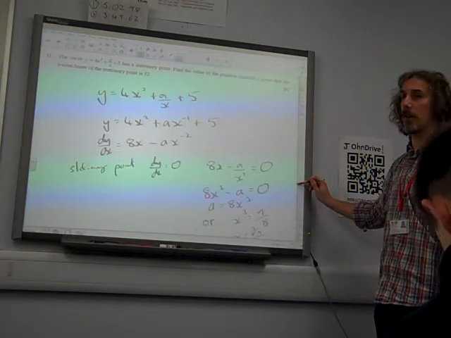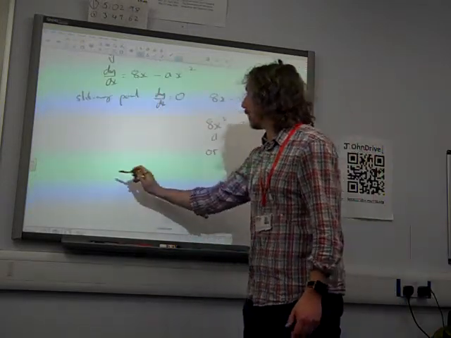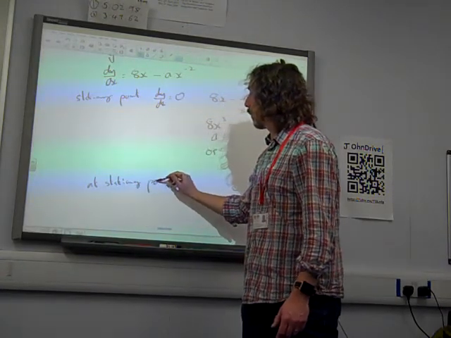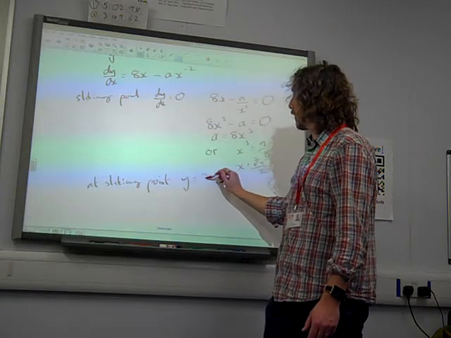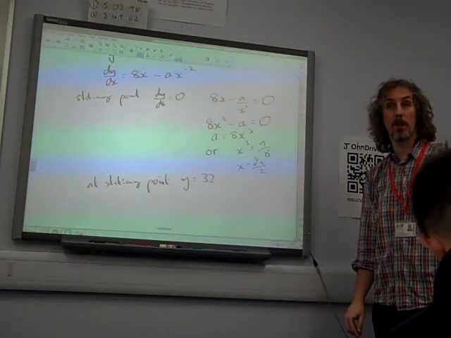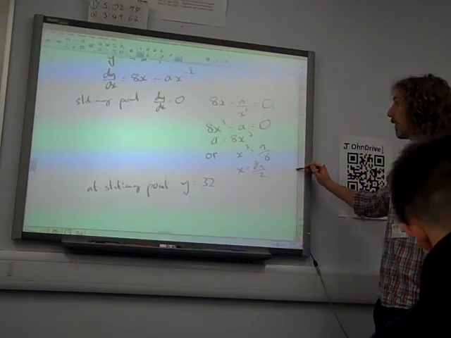the y-coordinate is 32. So at the stationary point, y equals 32. So let's sub this x value into our y equation and see where that takes us.